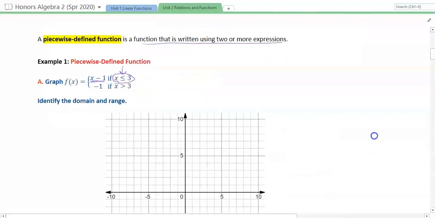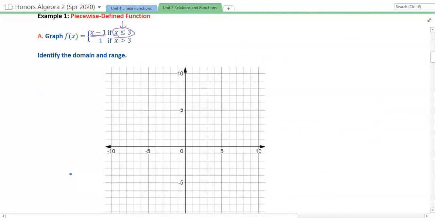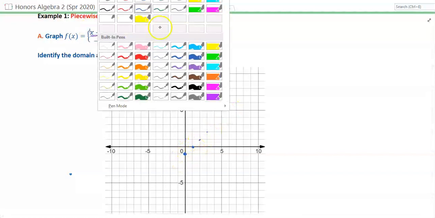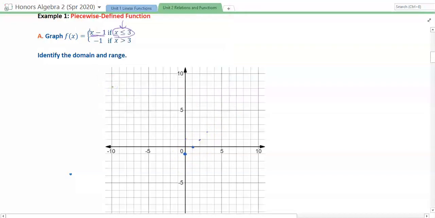And so as we look at our function, now if I just graphed x minus 1 across this graph, my y-intercept's negative 1, and my slope is 1 because there's a 1 in front of the x. And so my line would just slope up like this going on forever. But my problem is it stops at 3. And so we have to think about having like an imaginary line right here at 3.